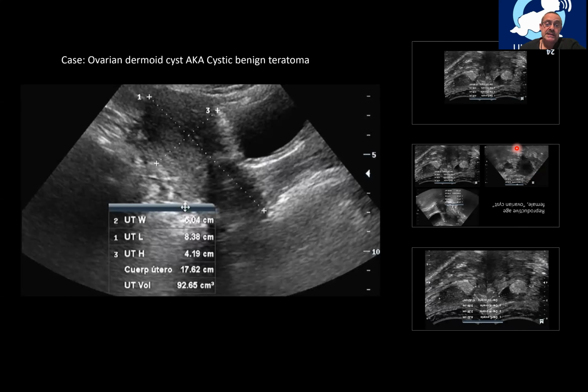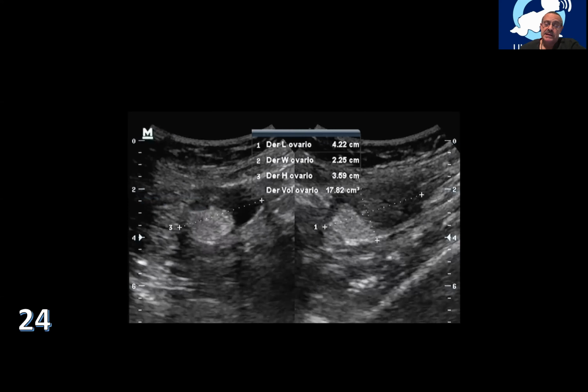Now we're going to see dermoid cyst, also known as cystic benign teratoma. This is the most common adnexal mass on reproductive age. Real tumor on reproductive age, younger females have teratoma. And this is one of those.